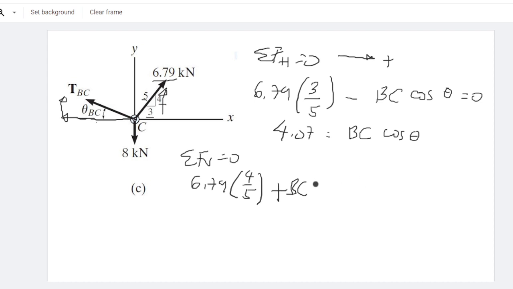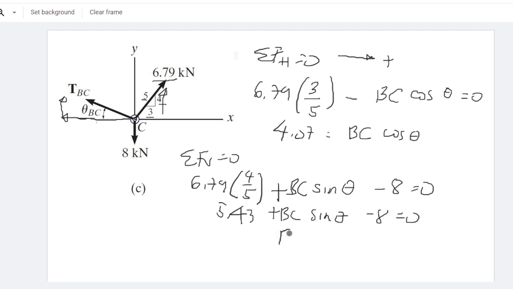What is this function? Sine theta, and then minus 8 equals to 0. The value of this one is 5.43, and then plus BC sine theta minus 8 equals to 0.